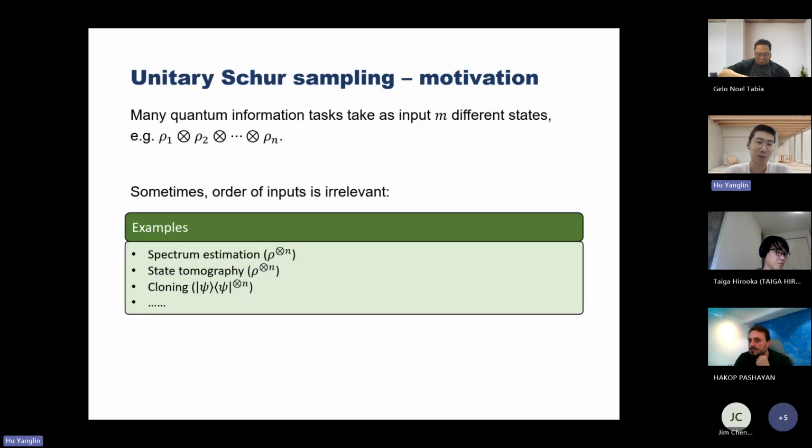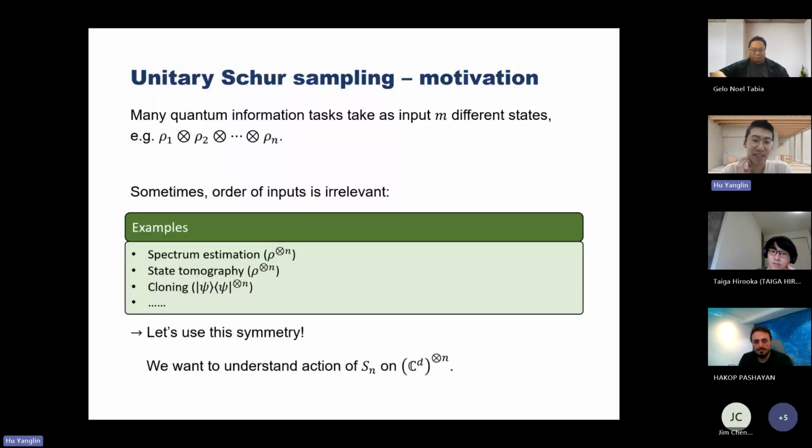Also sometimes you want to do cloning, like you have n copies of a certain state, and you want to put them into a cloning machine such that you get approximately m copies of the same state. So these are examples where the order of the input is irrelevant, and you have some permutation symmetry between those n copies of the state.